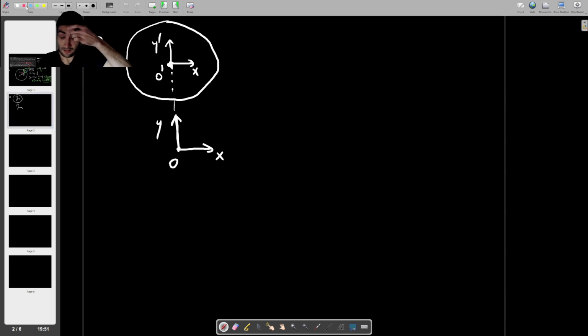And in this case, I'm gonna make this coordinate system essentially accelerate. And the car at this point, let's say it's gonna be somewhere here like this. And this is gonna be the radius.